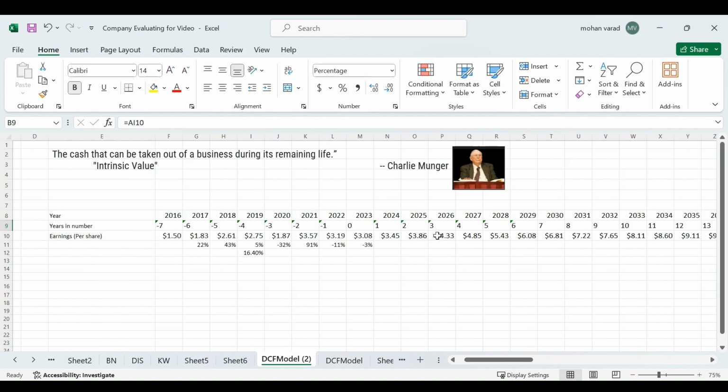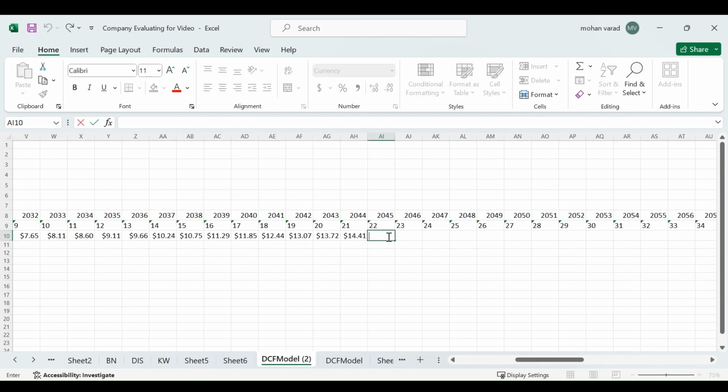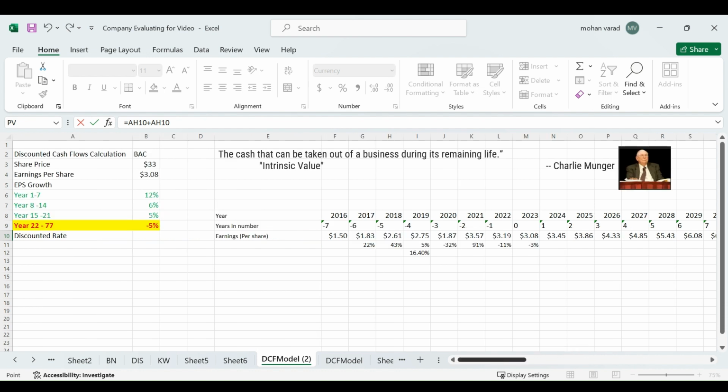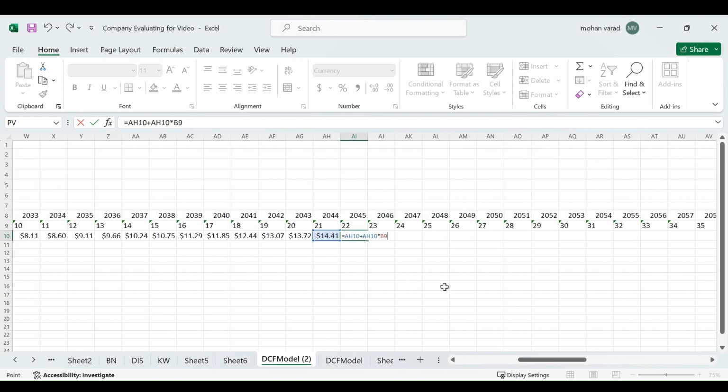So in this field, we'll be entering: equals AH10, which is $14.41, plus that negative earnings, which is minus 5% multiplied by that number, which is 1441.